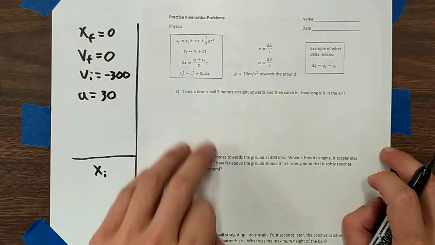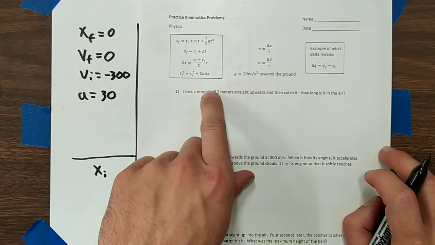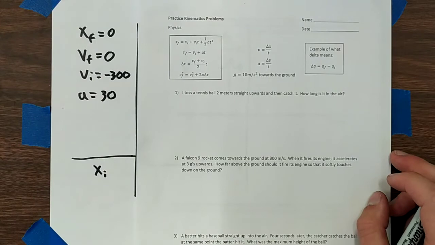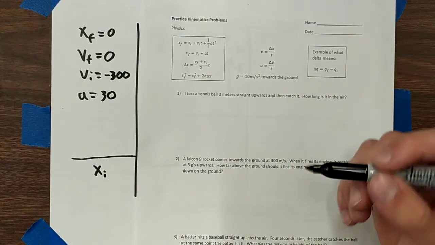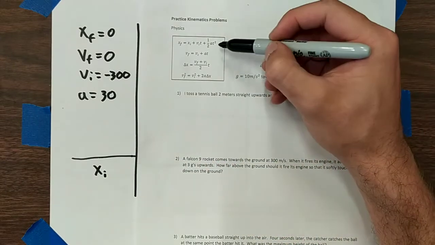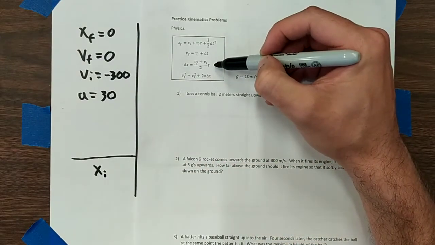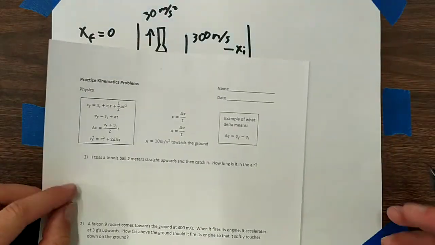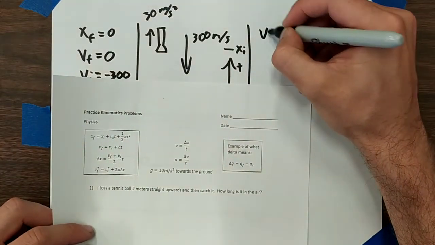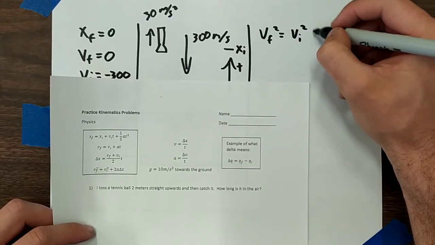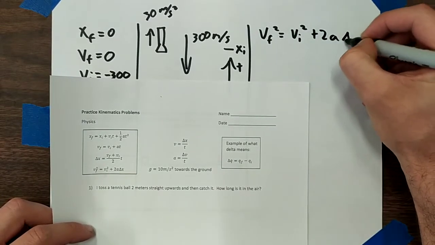So given that, now I'm going to look through my equations. I want to find some formula that ties this to these things and doesn't include variables that we don't know. I don't see a t, so the first one, second one, and third one wouldn't work because those all involve t, so I'm going to choose the fourth one. I'll start off with vf squared is equal to vi squared plus 2a delta x.